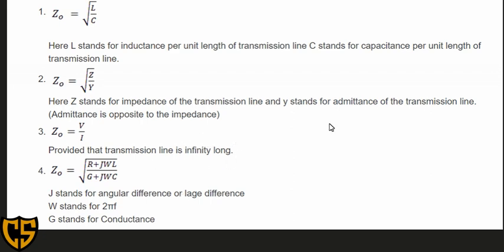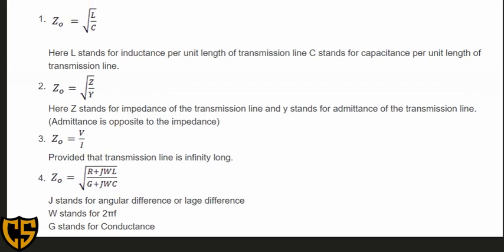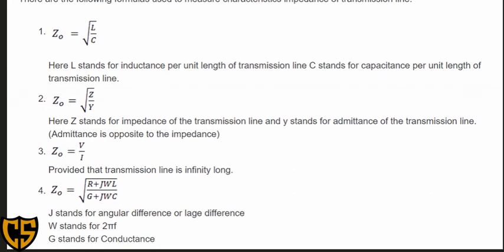So take note that number one, the formula ZO is equal to the square root of L over C. We use this for extremely high frequency. So for extremely high frequency, take note that if our frequency is high, our 2πfL will be much greater.